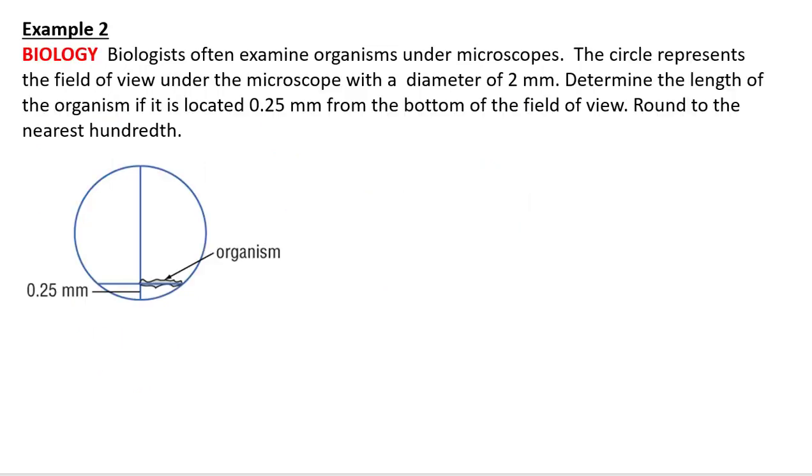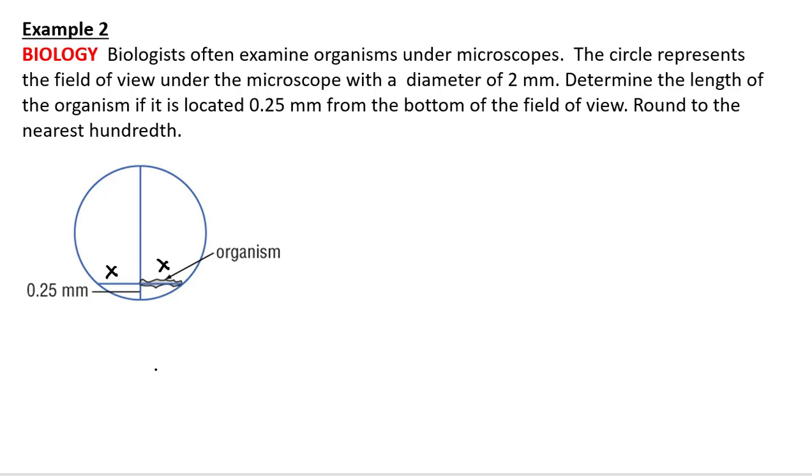Okay. Next example. Biologists often examine organisms under microscopes. The circle represents the field of view under the microscope with a diameter of 2 millimeters. So my diameter, the whole thing, is 2 millimeters. Determine the length of the organism, which we're going to call x, if it is located 0.25 millimeters from the bottom of the field of view.